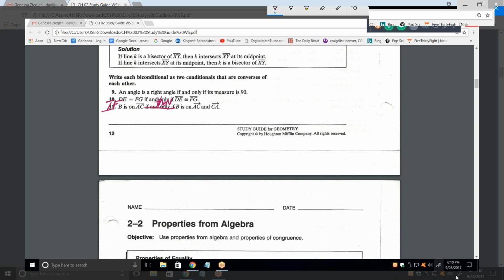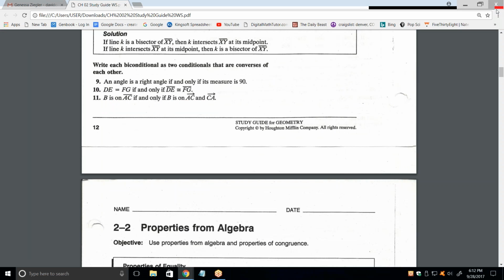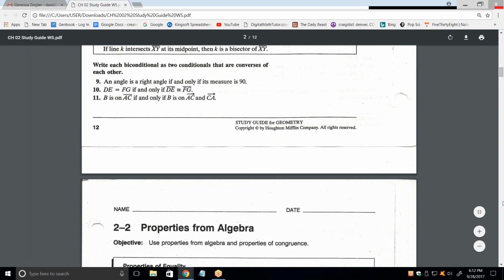B is on the other, and now the converse is easy. It's just replacing the if and the then. So that's probably a better way to memorize it. I don't see this being a problem for you to memorize. Yeah. Mainly just a point about the definition of what biconditional means.